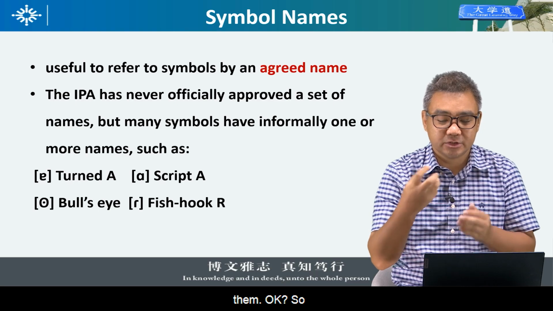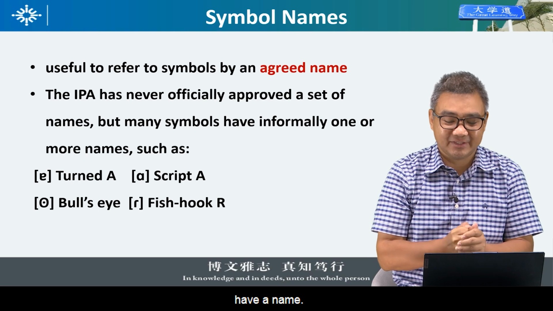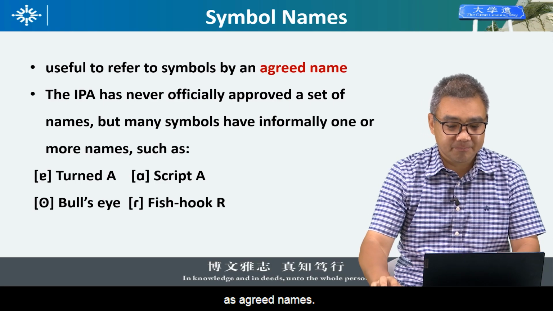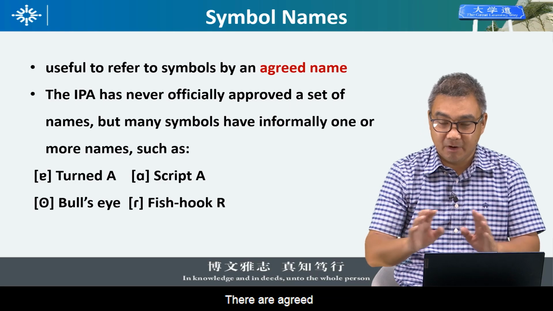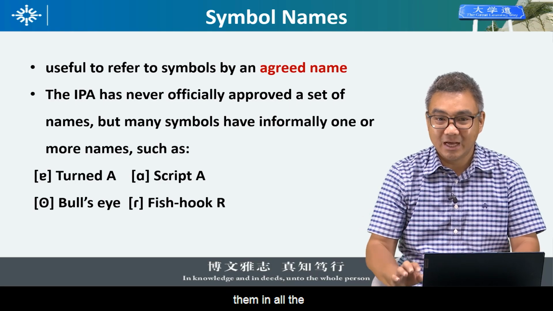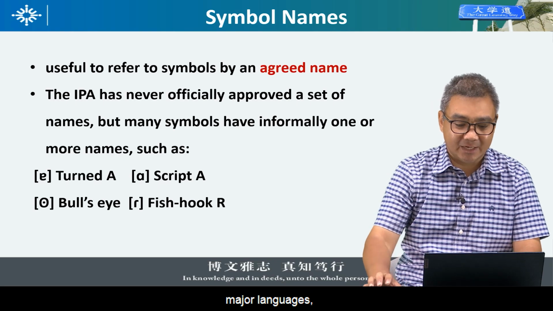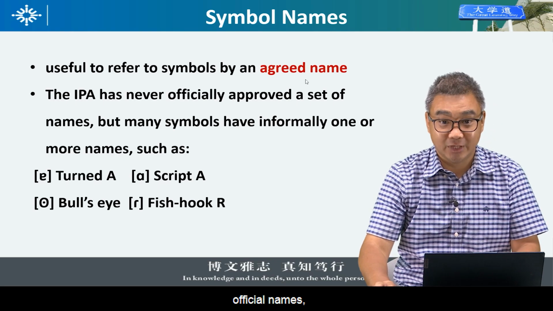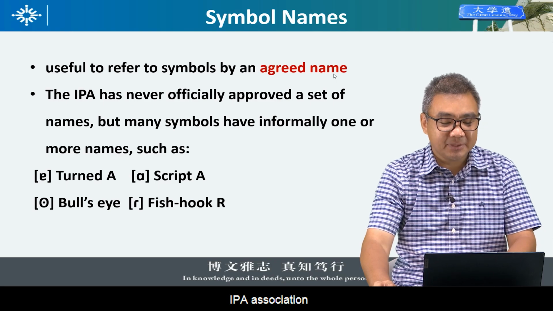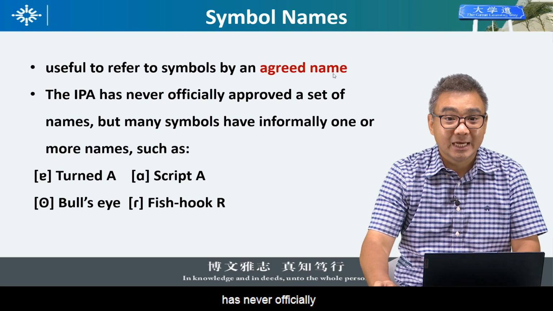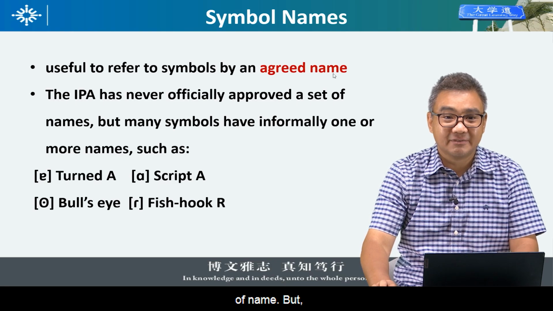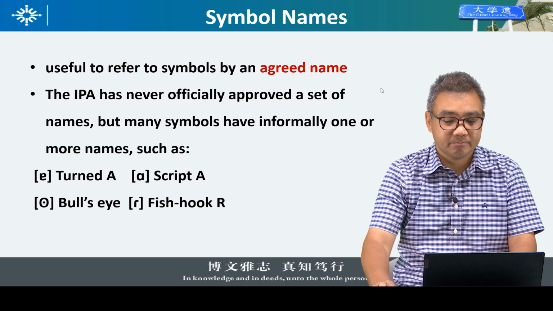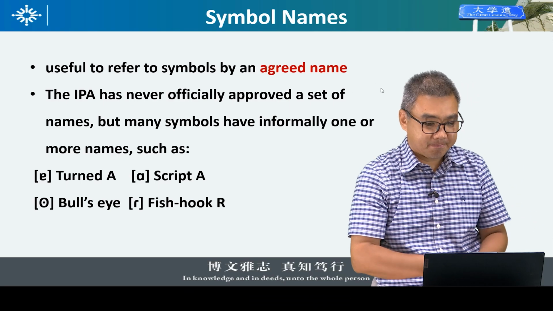Each symbol must have a name, and it is useful to refer to a symbol by a name. There are such names in major languages, at least English and Chinese, but they are not official names. The IPA association has never officially approved a set of names, but many symbols have an informal name. Even some have more than one.